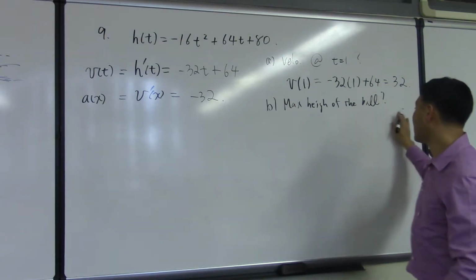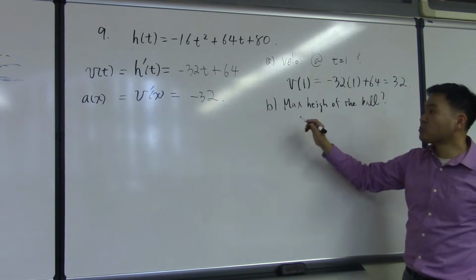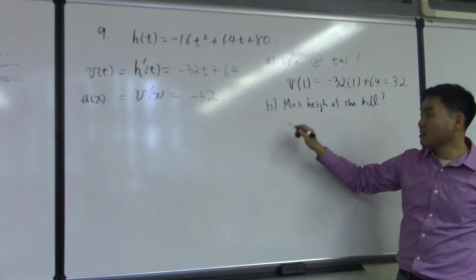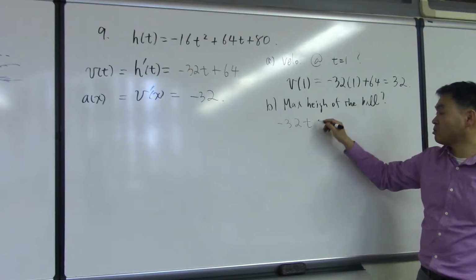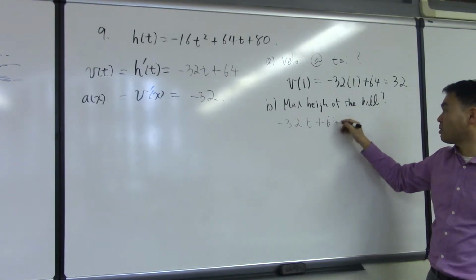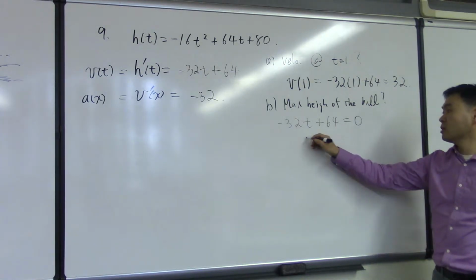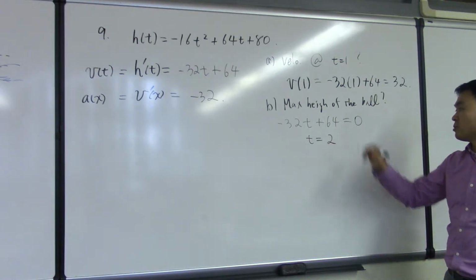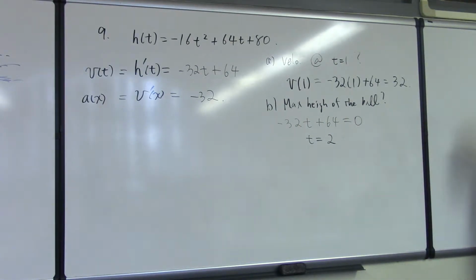So if you want to know the max height of the ball, you first look for the time when the velocity hits 0. We have the velocity negative 32t plus 64. I'm looking for the time when this velocity becomes 0. If I move this over there and divide, I get t equals 2 as the time.